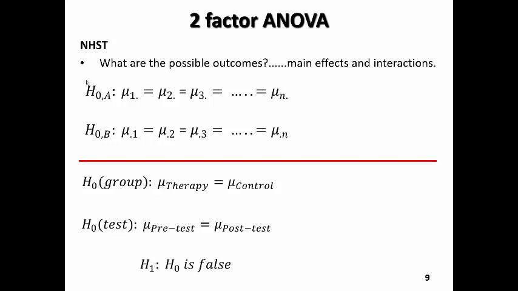If we take a look at the first null hypothesis statement, you'll see that we have H0, but we have A. A in this case refers to the first of the two main effects, and we're just going to label this generically here as main effect A.